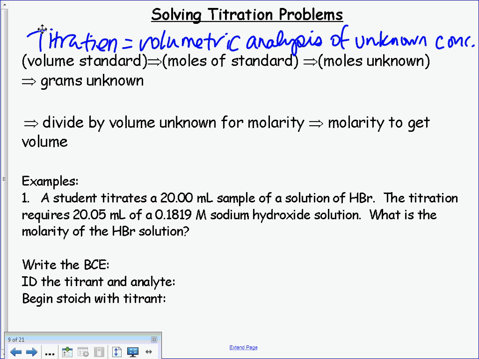But what I just read at the top for a titration, it requires us to use some fancy equipment that helps us determine volumes, and then we analyze those volumes. To say that simply, we just call that volumetric analysis. And we do this volumetric analysis of an unknown concentration to determine that unknown concentration. And that's what that blue information up there is indicating to you.